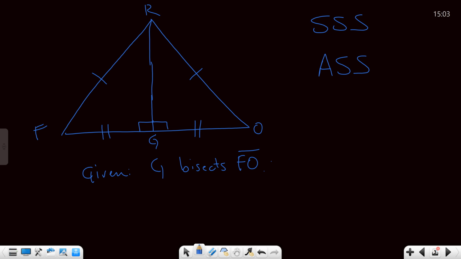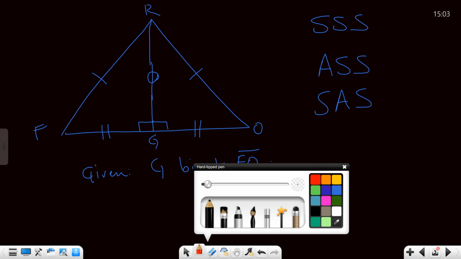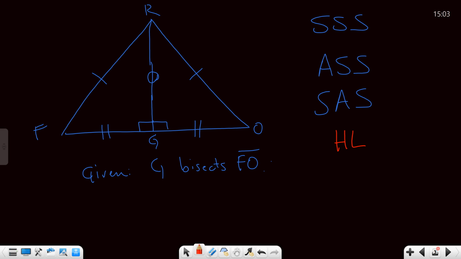Before I explain that, another side note: if I left this in here, we could also use side-angle-side with the right angle. So there's another reason why the triangles have to be congruent. The problem that we created is a very special case of angle-side-side called HL, hypotenuse leg. So we do have a fifth method for proving triangles congruent. HL would seem like you only need two chunks of information: the hypotenuses congruent and a pair of legs congruent.